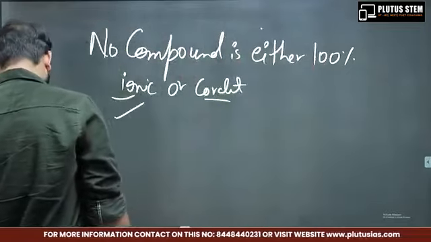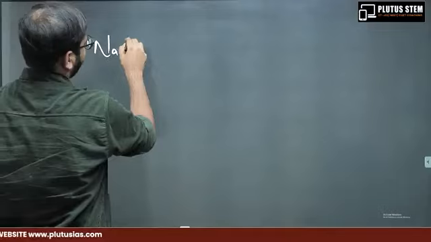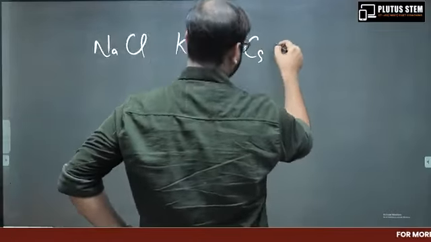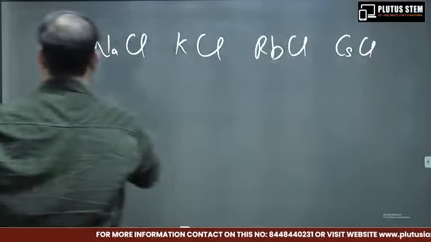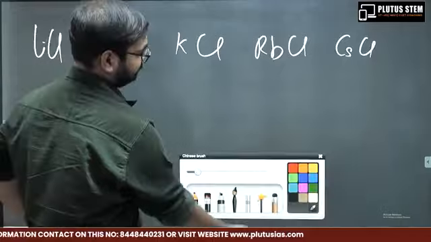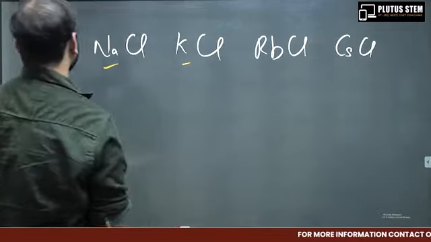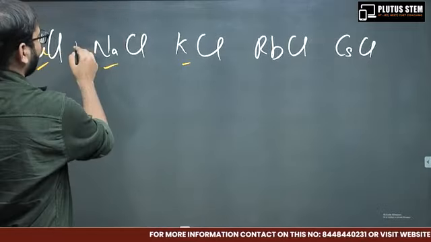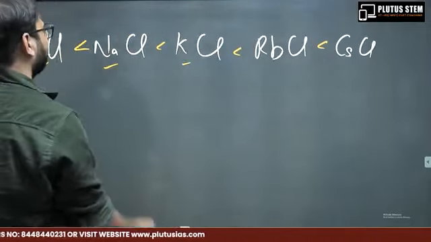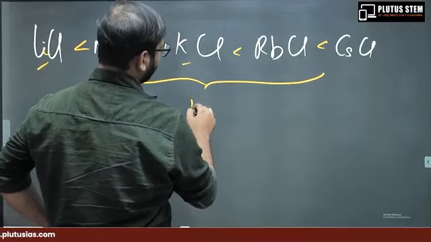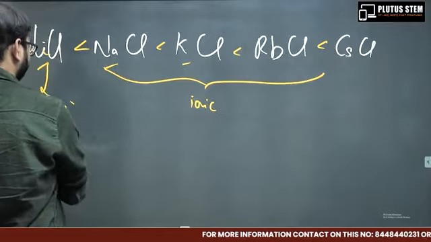If I talk about different compounds, the problem is, if I have NaCl, KCl, RbCl, CsCl and LiCl, how can you explain this? All of these compounds should be ionic in nature, but we found that going down the group, the solubility keeps on increasing, and one of them has more covalent character.